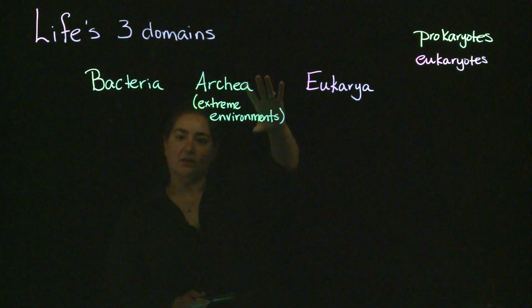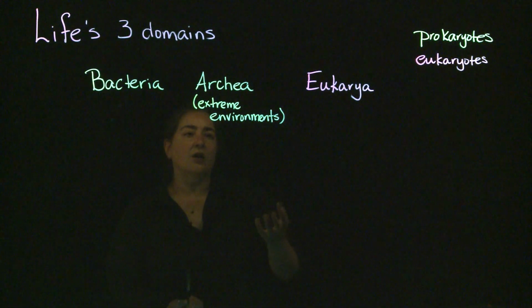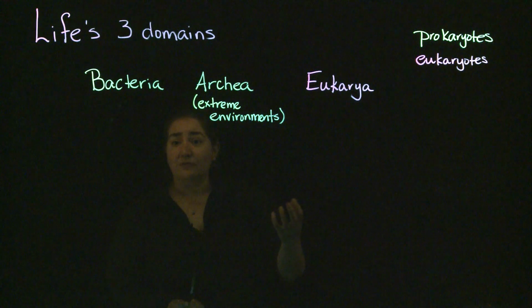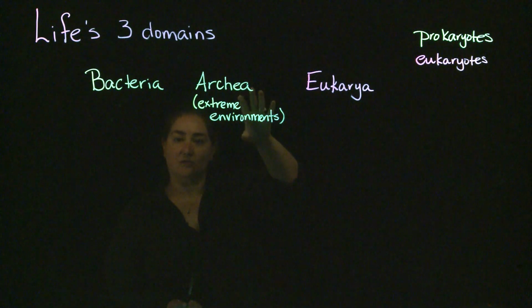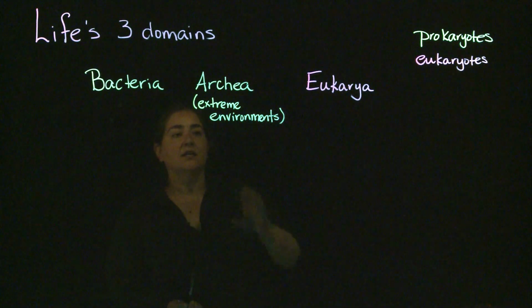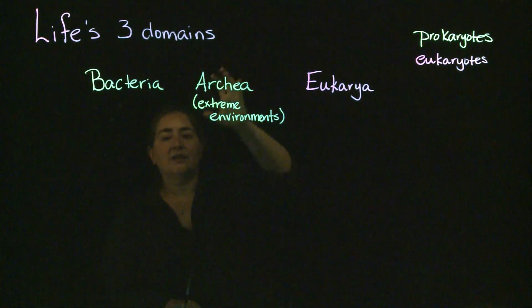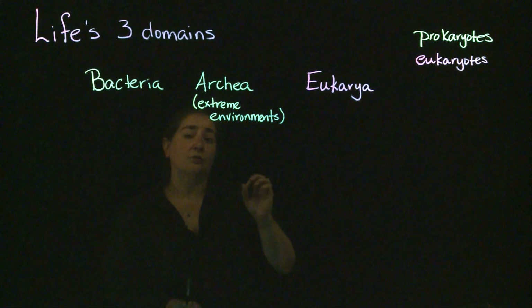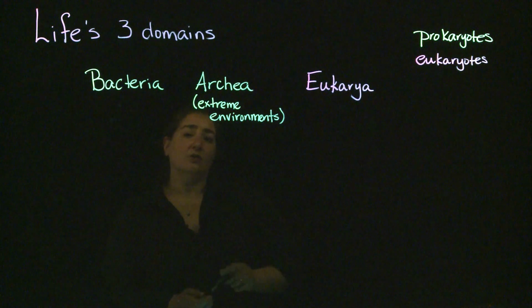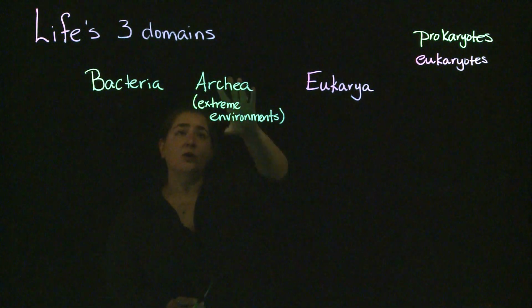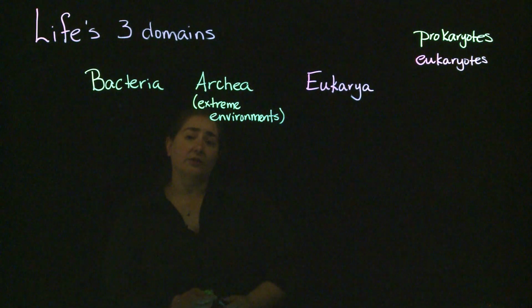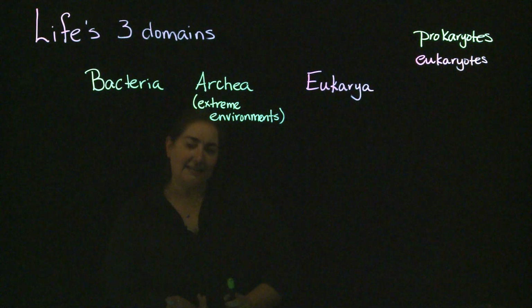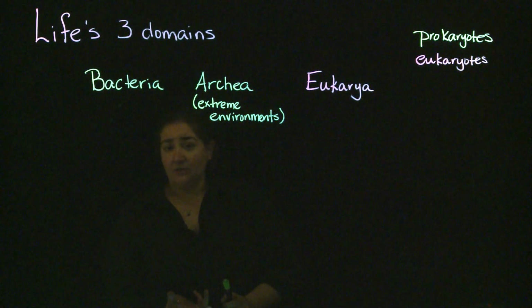Those are most likely archaea, okay? Salt would be another extreme environment. Pressure down at the bottom of the sea. So in terms of what really separates them, for what I want you to know for this class, the archaea are located in extreme environments. Both of these are going to be unicellular. Neither one contains organelles, okay?